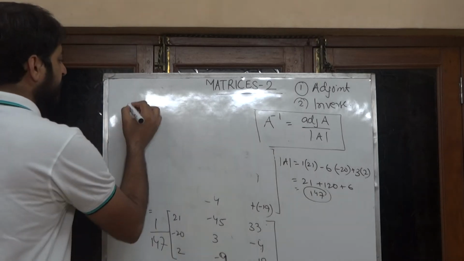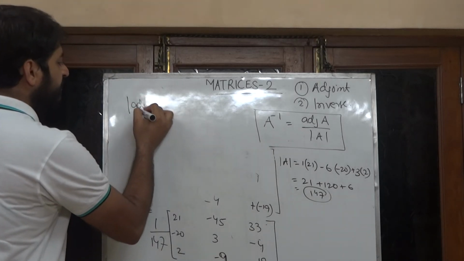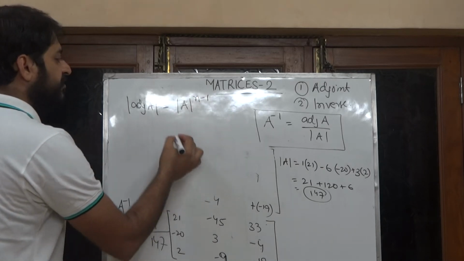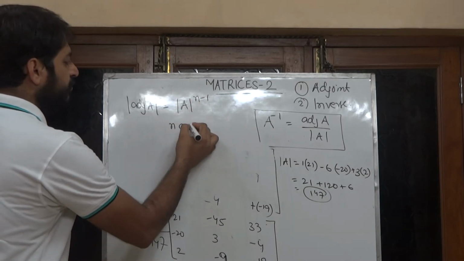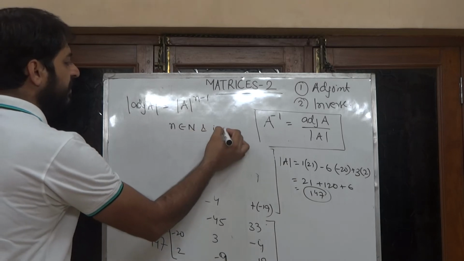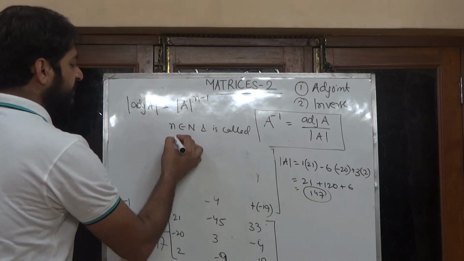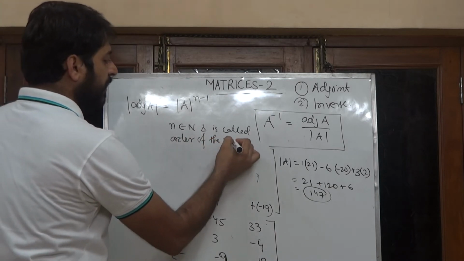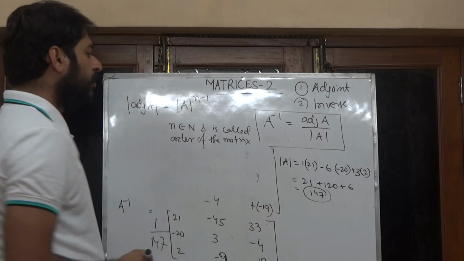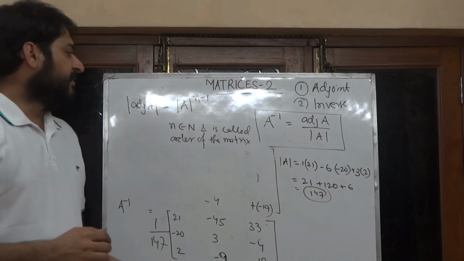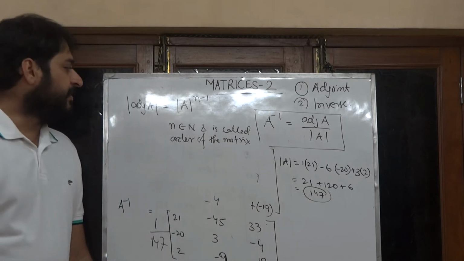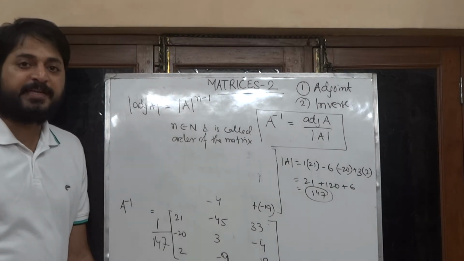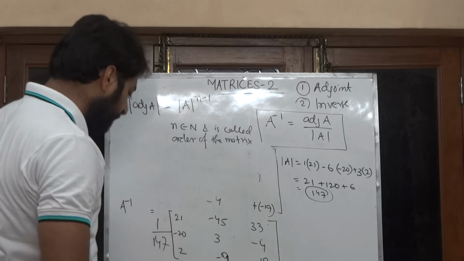That is, determinant of the adjoint of A is the determinant of A to the power n minus 1, where n belongs to natural numbers and is called the order of the matrix. That is, determinant of adjoint of A equals determinant of A to the power n minus 1. This you must keep in your mind.